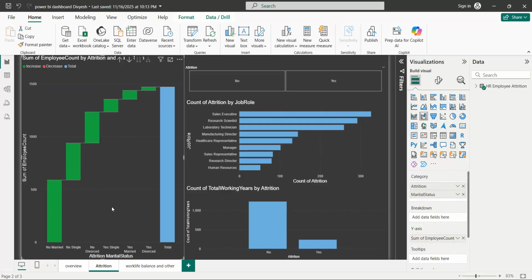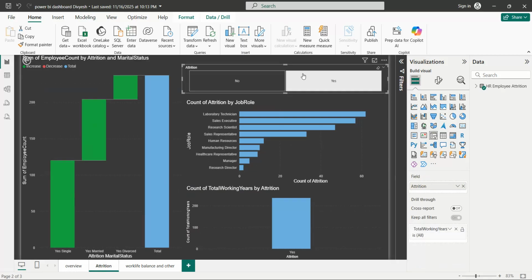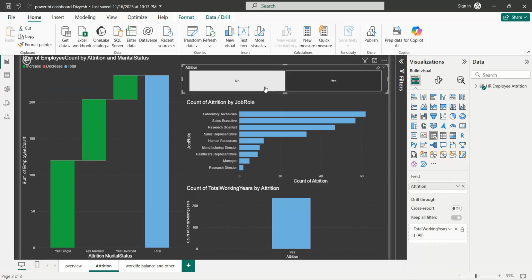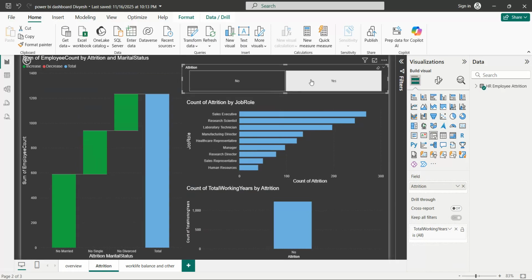This visualization is a waterfall chart that breaks down the total number of employees based on whether they left the company, yes or no. By clicking on attrition, there is a change in the visualization. So this is for no and this is for yes.